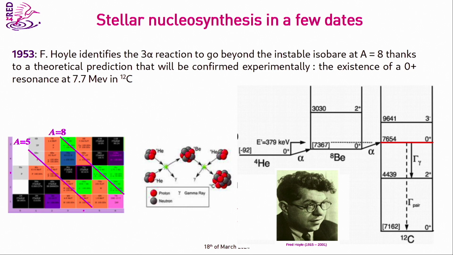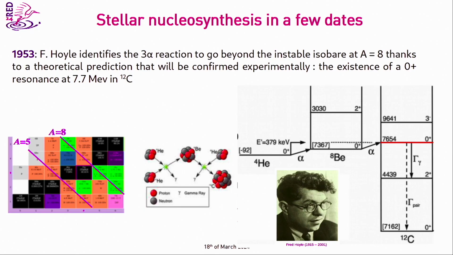And he predicted that there should be a transition in the carbon atom with a resonance at 7.7 mega electron volt. And so it goes this way. You have helium-4 that captures another helium-4, builds beryllium-8, but this is unstable, and so this reaction will go backwards all the time.